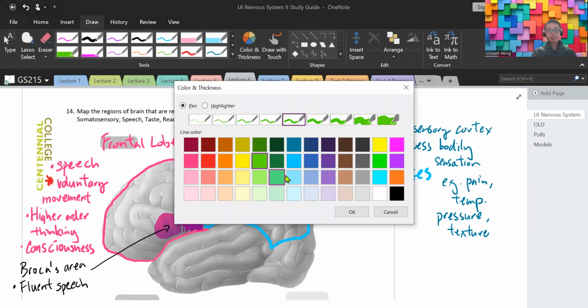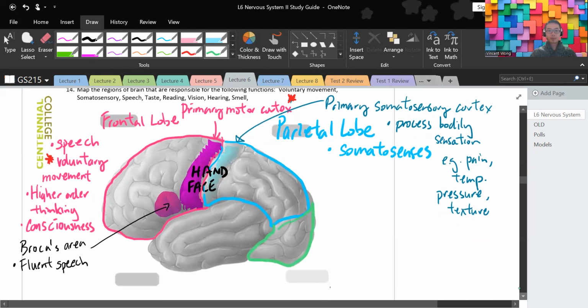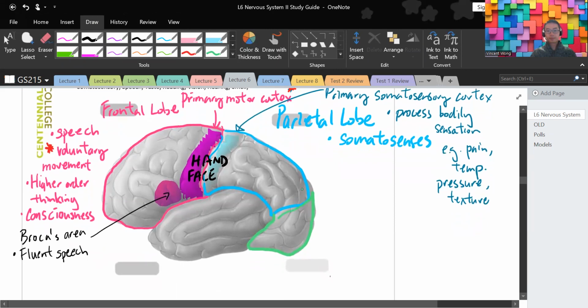All right, next up. What's this thing here at the back? What's this lobe called? Do you remember what that lobe is called? The very back? Occipital. That is correct. Thank you. That is the occipital lobe. And this is for visual information.